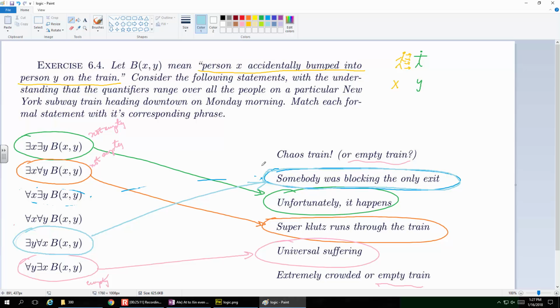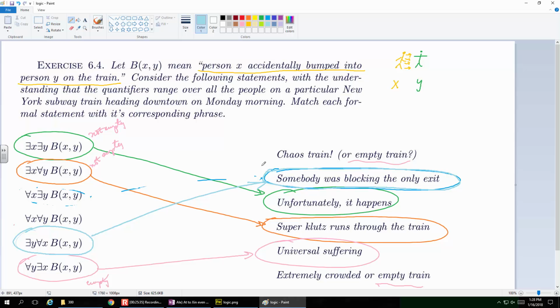Everybody X is the one who bumps into people, and he has bumped to, so every person bumped into somebody. Okay, but that's chaos, but it's not universal suffering because some people may have not been bumped into, right?